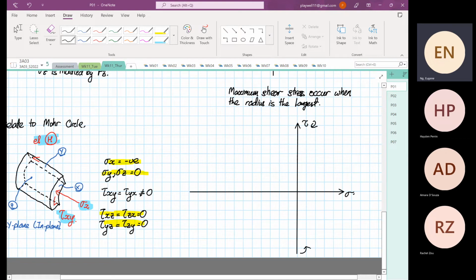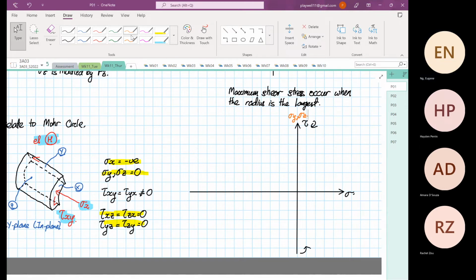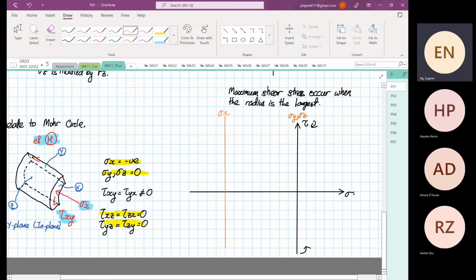Based on the stress state that we have written down, we know that stress Y and stress Z are at 0, and then we have our normal stress X line. I'm going to make an assumption that this is our shearing stress.